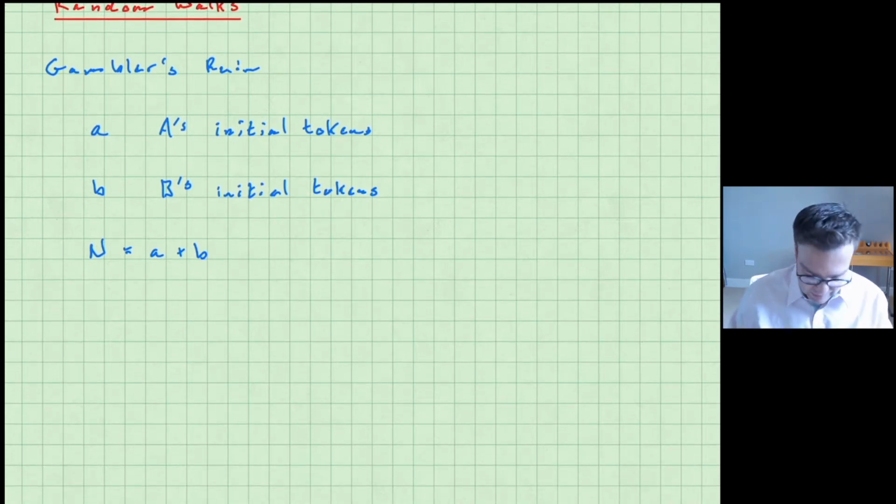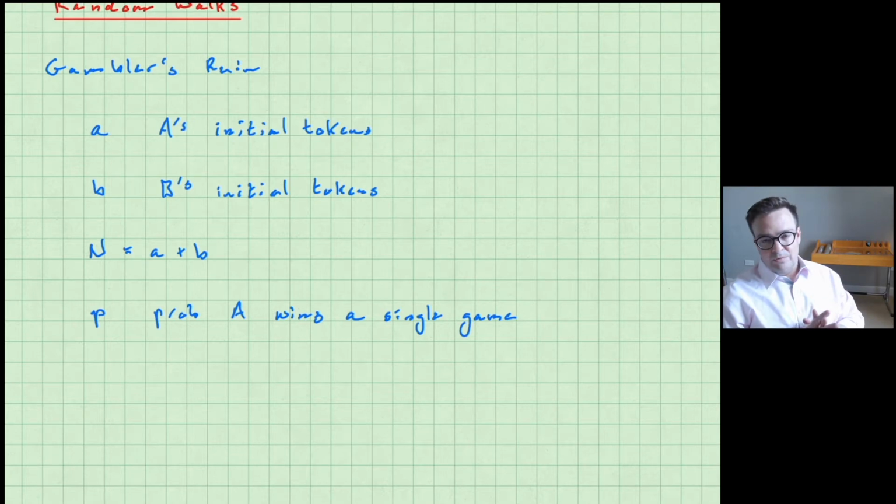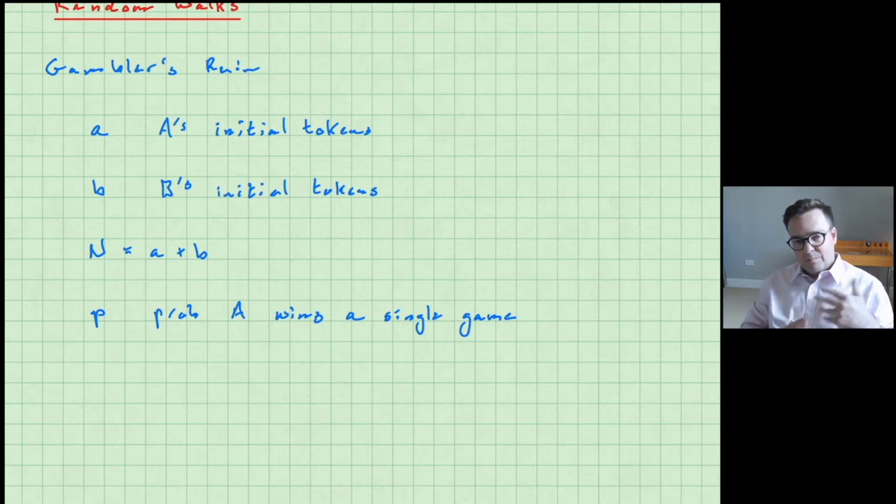And we'll say that little p is the probability of player A winning a single game. If you remember, the way this gambler's ruin works, player A and player B play a sequence of games, and each game consists of something like a coin toss.